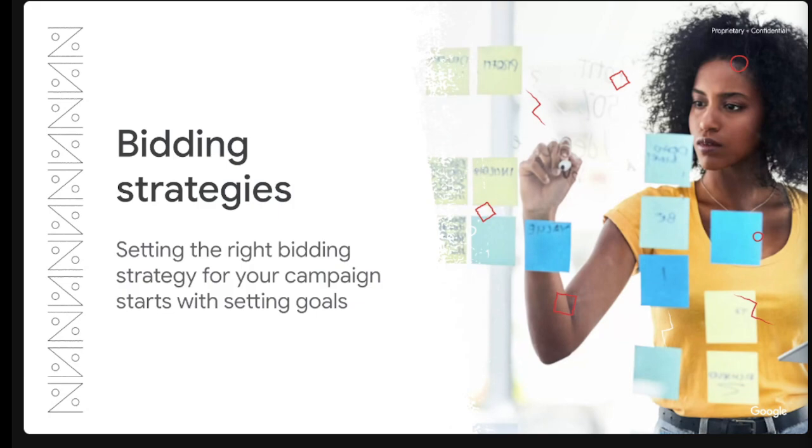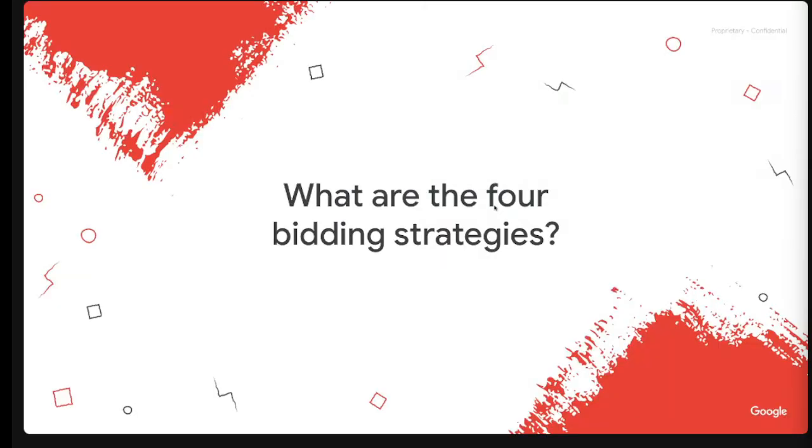So whether you are looking to increase brand awareness, drive app installs, or even encourage in-app purchases, your objectives will ultimately shape the most effective bidding strategy. Okay, so it's important to then match your goal to a bidding strategy.